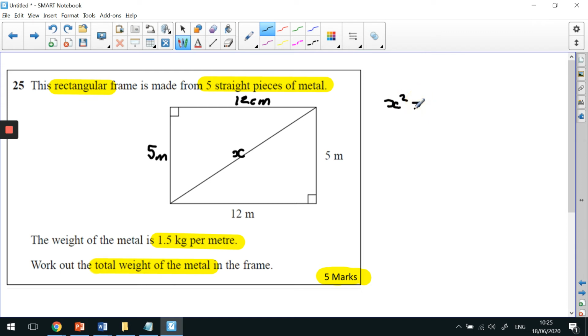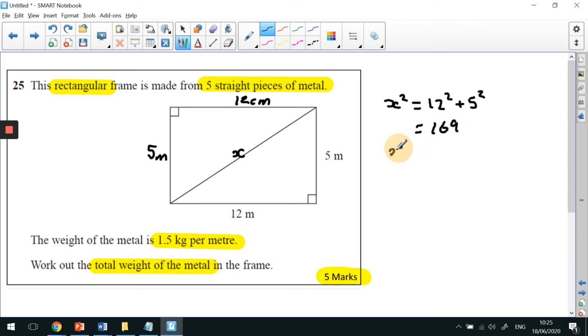So I know that x squared is 12 squared plus 5 squared. And if I stick 12 squared plus 5 squared into my calculator, I get 169.